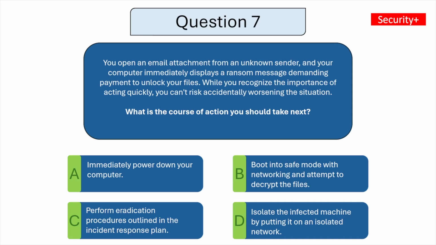However, we don't take chances. Out of all these options, regardless of whether it's a legitimate incident or not, we're going to isolate the infected machine. The other options would either make it worse, like option A or B, or we aren't in the incident response phase yet to complete, such as C. So I'm going to go with D for this one.